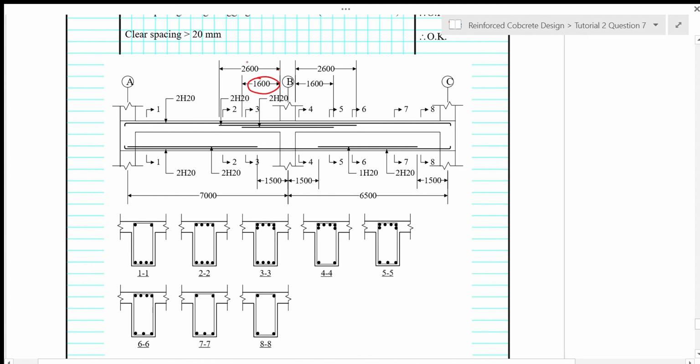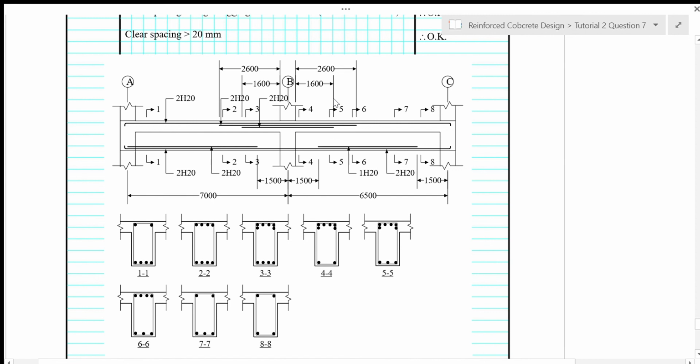And then from 0.3L plus AL, which is approximately 2600 mm, we can cut off the steel to only 35% of what we have here of 100%.